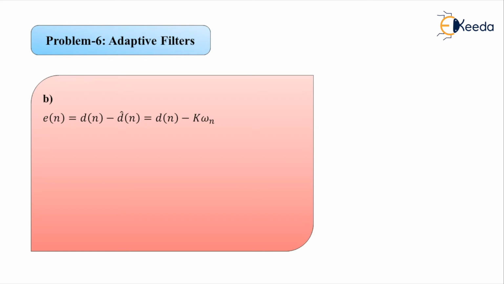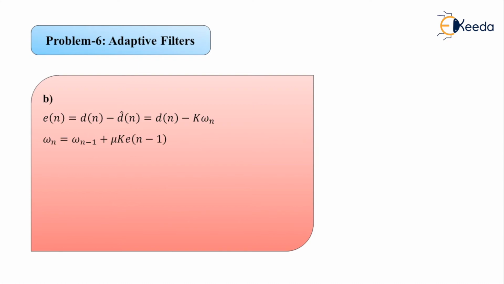So D of n we keep as it is, and the estimate of D of n, as we know it to be a constant input discrete time sequence, will be K multiplied by the weight W suffix n. Here W suffix n is equal to W suffix n minus 1 added by mu into capital K into E of n minus 1. This is according to the update equation of the LMS algorithm.